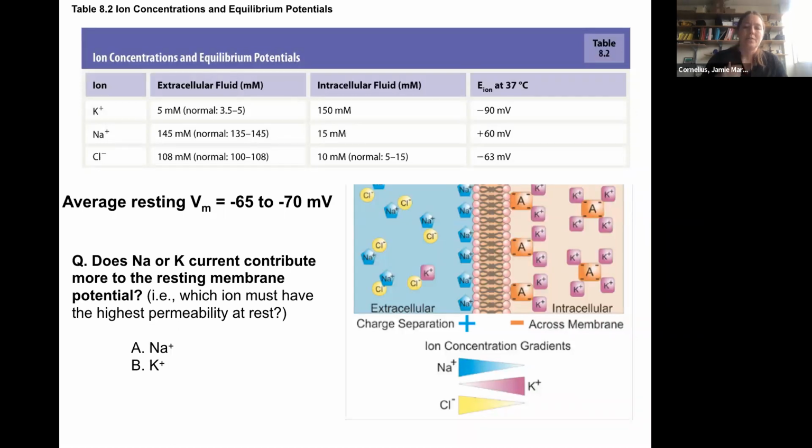Another question: does sodium or potassium current contribute more to the resting membrane potential? In other words, given that the cell rests at say -68 millivolts, which ion must have the highest permeability when the cell is at rest?